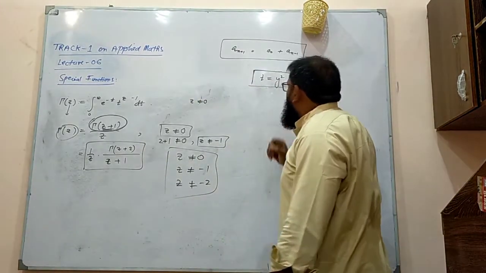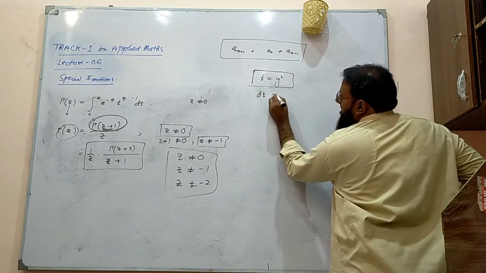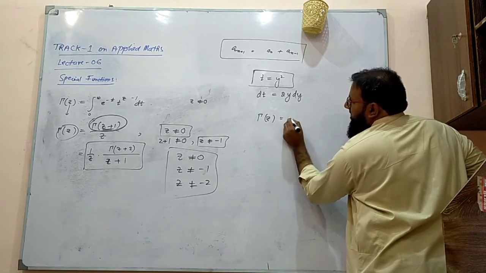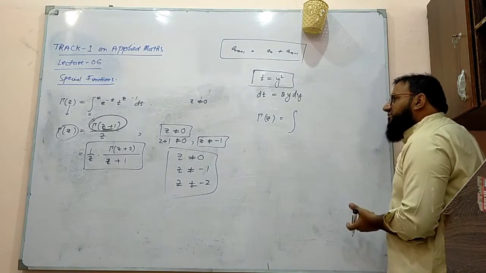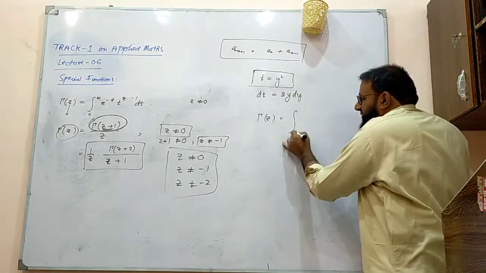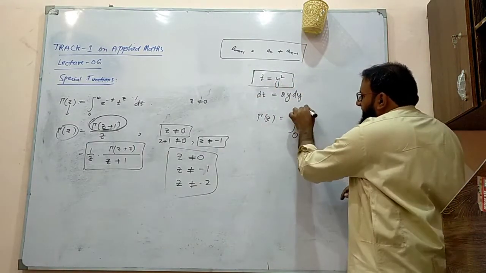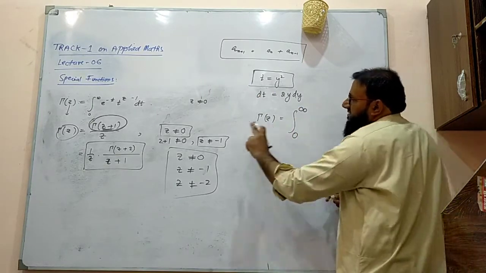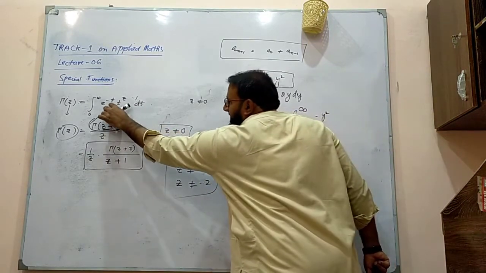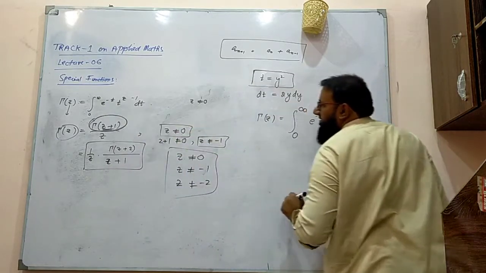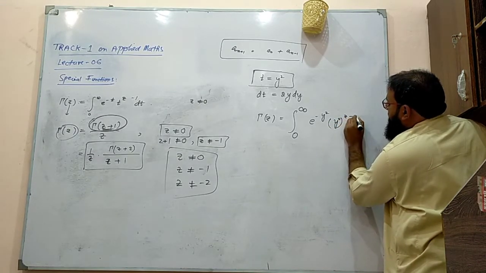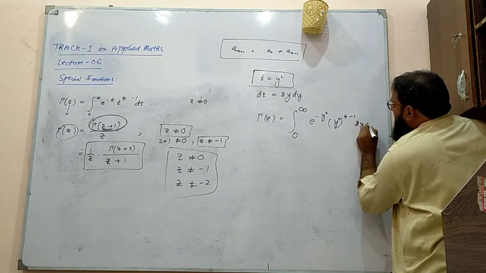In this one I am going to put t equals y square. What is going to be dt? 2y dy. So my gamma of z would be the integral, limit 0 to infinity. When I put t equal to 0, y becomes 0, obviously. When I put t equals infinity, y becomes infinity. So it's not a problem. Now e power minus t becomes e power minus y square, t to the z minus 1 becomes y square to the z minus 1, and dt is 2y dy.